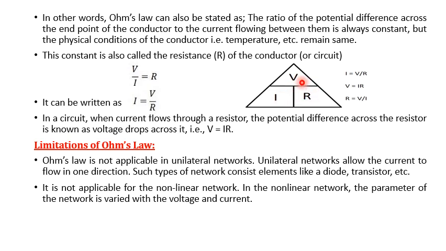If you want to represent voltage with respect to current and resistance, you write V is equal to the product of these two, that is I into R. If you represent current with respect to voltage and resistance, you take the ratio, I is equal to V divided by R. If you represent resistance with respect to voltage and current, you take R is equal to the ratio V divided by I. In this way you can represent Ohm's law by this triangle. In general, Ohm's law is V is equal to I into R.